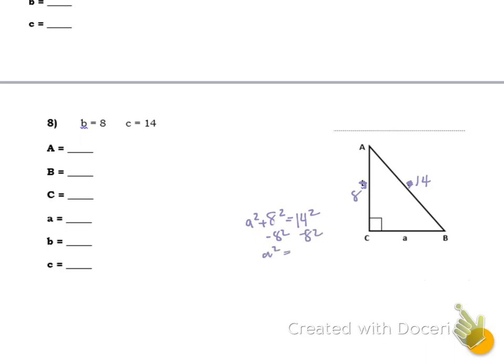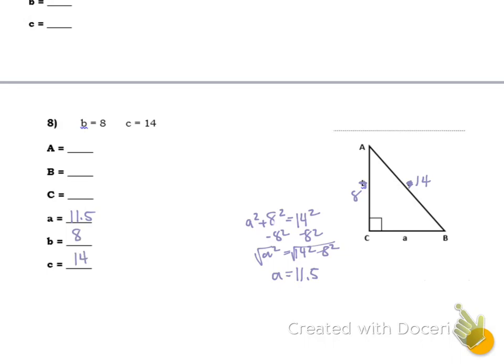I get A squared equals 14 squared minus 8 squared. Opposite of squaring is square rooting, so we could type that whole thing in right there to find that missing side. And I'm getting 11.5. Okay, so A is 11.5, B is 8, and C is 14.